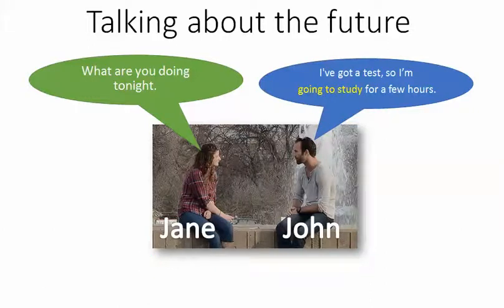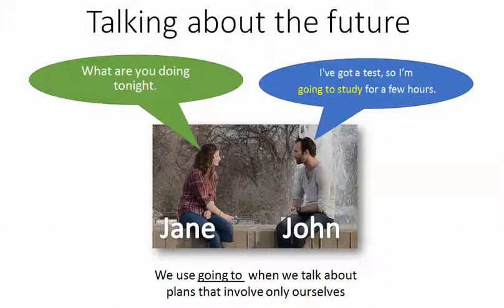It's not a plan you've made with other people. It's a plan that involves only yourself. If he wanted to, he could change this. That's his plan, but perhaps he could change it. In this case, though, he's got a test, so perhaps he doesn't want to change it.